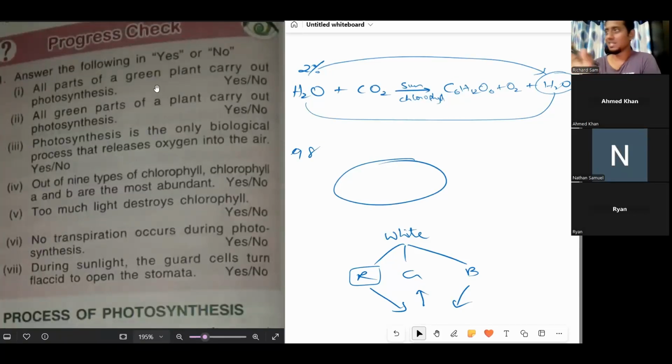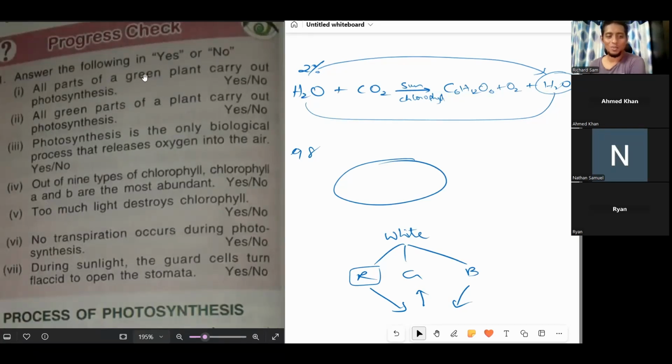Wherever it's green, photosynthesis will take place. Whether it is a leaf or the stem or any part of the plant which is green, photosynthesis will take place there. Okay, so that's a confusing question.